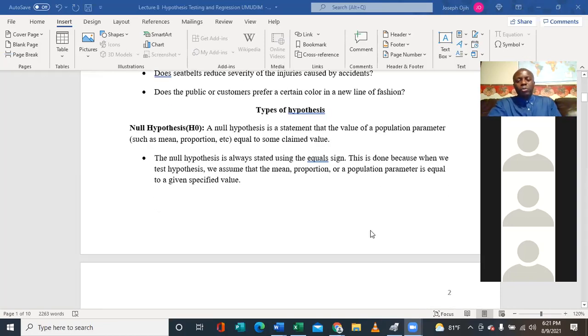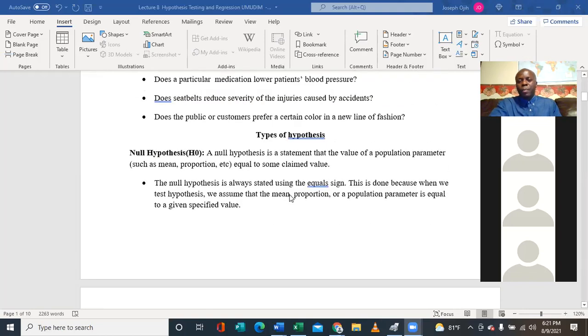Now, we have two types of hypothesis. One is the null hypothesis. The other one is the alternative hypothesis. The null hypothesis is a statement that the value of the parameter equals some specified value. So we use some type of equality sign when we write the null hypothesis.